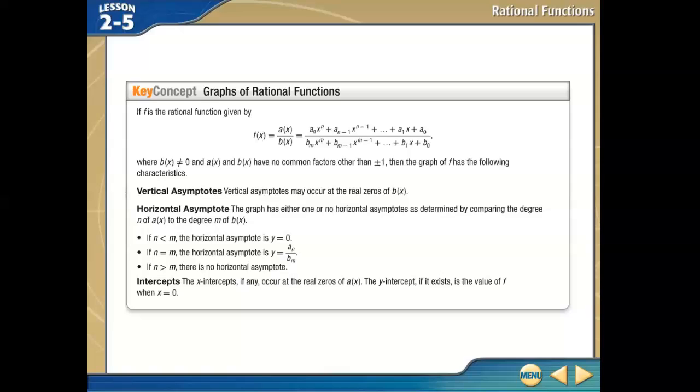Those are actually the coefficients, or the numbers that are set out in front of your leading term. And then if n is greater than m, so the numerator's degree is higher than the denominator's degree, there are no horizontal asymptotes.